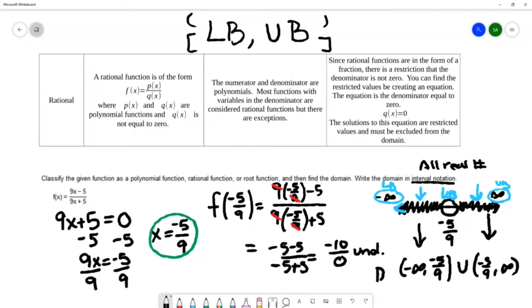So this is our domain, -infinity to -5/9, union with -5/9 to infinity. So this is saying the same thing as all real numbers except -5/9.